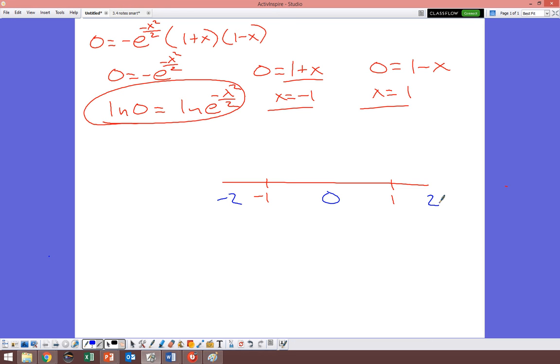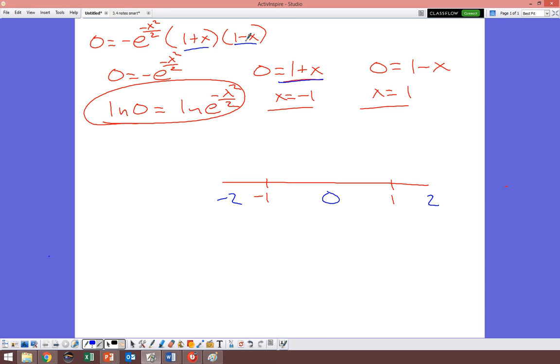Okay, so let's see what we got here. For this piece right here, plugging in negative 2 gives me negative 1, right? So I have negative 1 for this, and a negative 2, and a negative 2. Negative negative is positive. Now it depends on what happens over here.